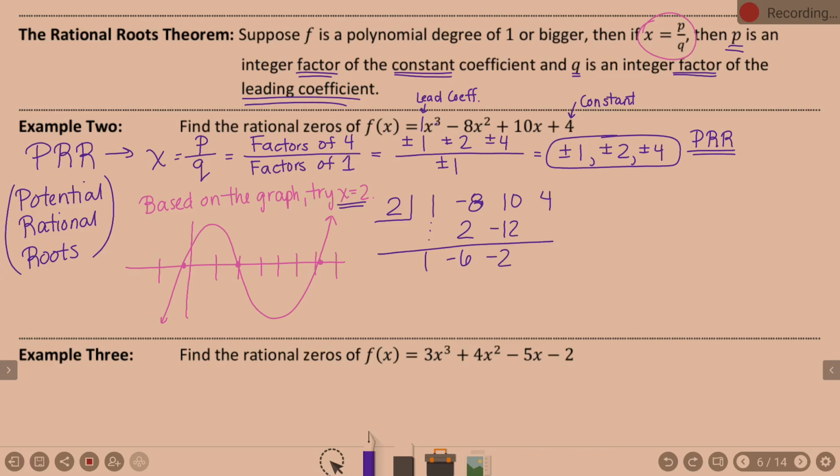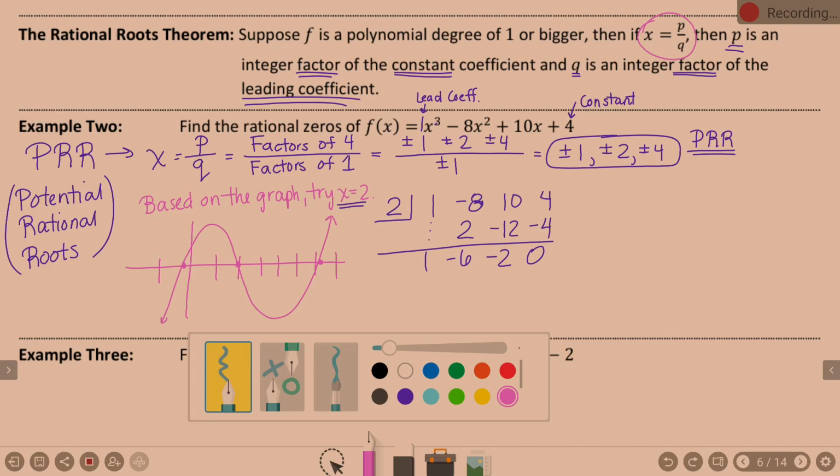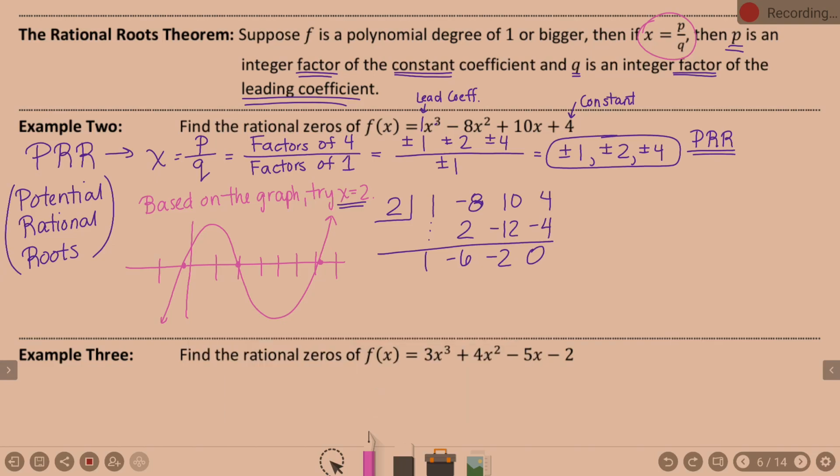Multiply. 2 times negative 2 is negative 4. Add. 4 plus negative 4 is 0. What's that tell me? The 0 says it worked. I got a remainder of 0, so that means that this 2 is a factor.